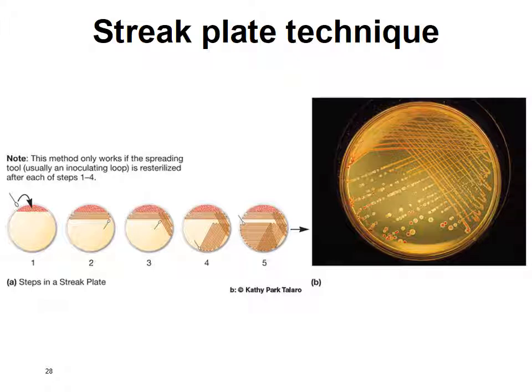And then the mixture is streaked out over the surface of the nutrient agar in one of several different patterns. So let's look at step number one, where the first sector of the plate is streaked. Then the inoculating loop is sterilised, and the inoculum for the second sector is obtained from the first sector.